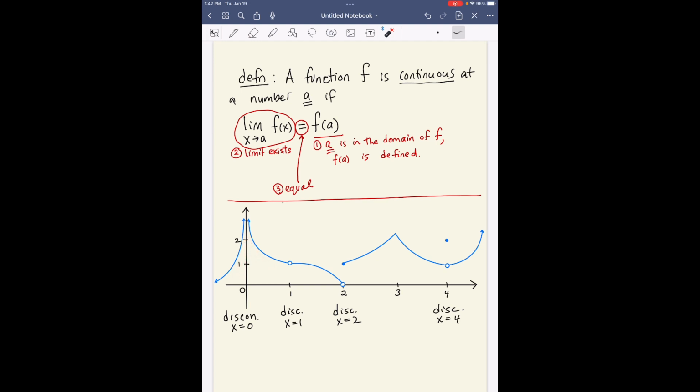I can also see the function is not defined. So number 1 fails. The f of a is not defined. So let me just write that down. I can also see that the limit does not exist. And the reason it doesn't exist is because it's infinite.